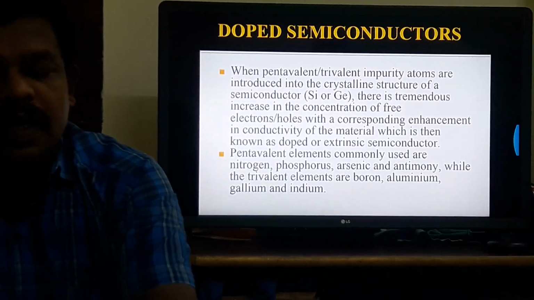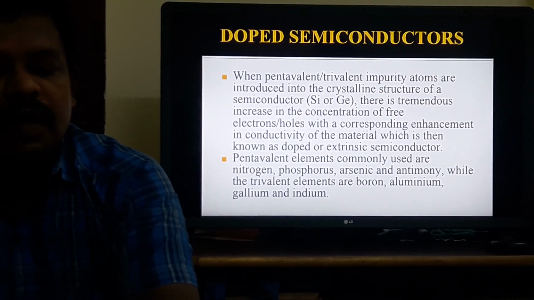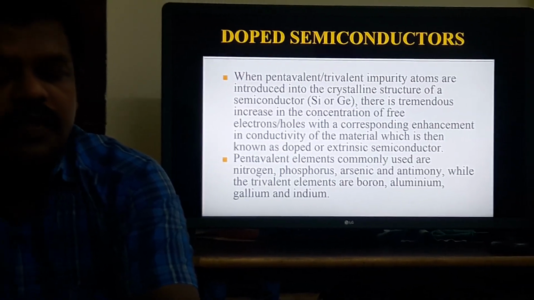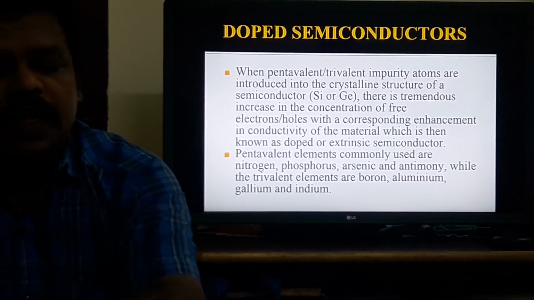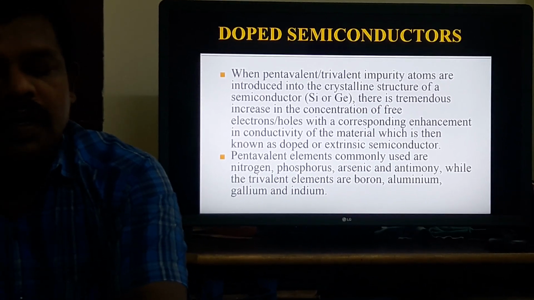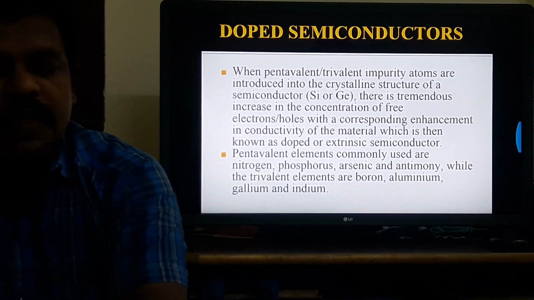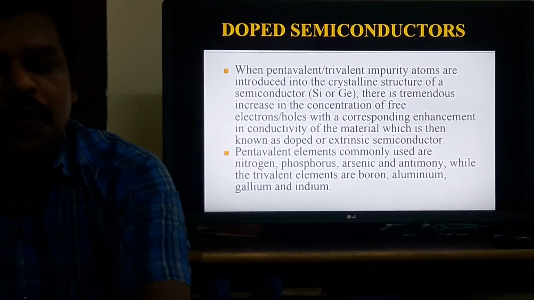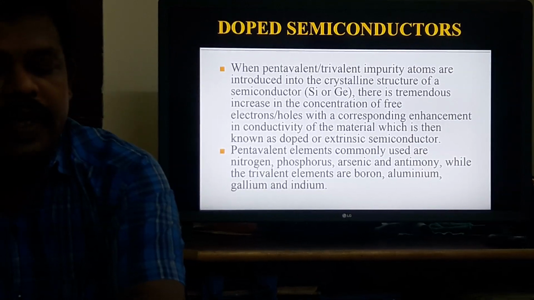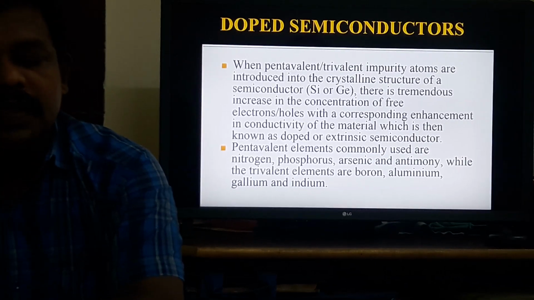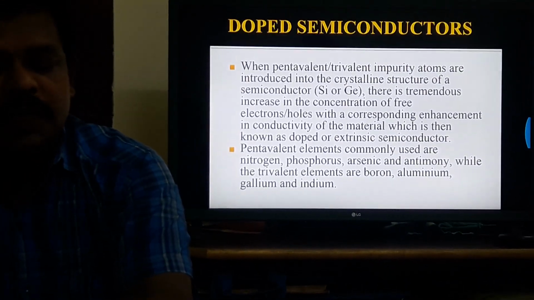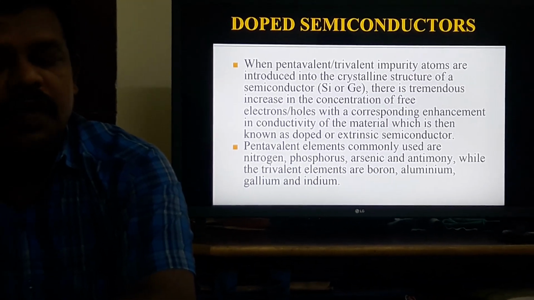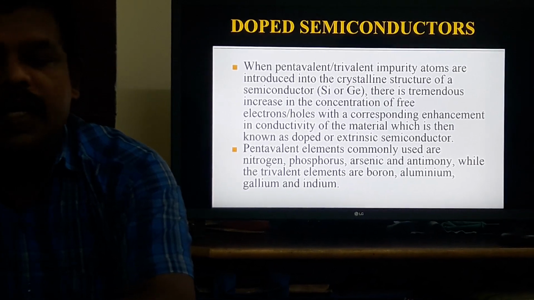When pentavalent or trivalent impurity atoms are introduced into the crystalline structure of a semiconductor, there is a tremendous increase in the concentration of free electrons or holes with a corresponding enhancement in conductivity of the material, which is known as a doped or extrinsic semiconductor. Pentavalent elements commonly used are nitrogen, phosphorus, arsenic and antimony, while the trivalent elements are boron, aluminium, gallium and indium.